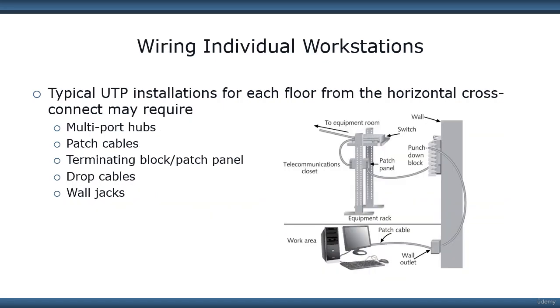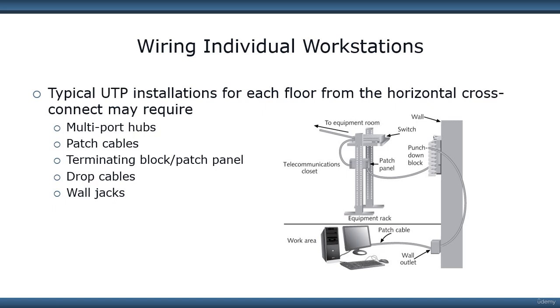Typical UTP installations for each floor from the horizontal cross connect are going to require a couple of different things. Multi-port hubs, or more than likely now switches, patch cables, the terminating block or patch panel, drop cables, and wall jacks. All right, so let's differentiate between all these. There's only one that may not make a ton of sense. The patch cable is the one from the wall jack out to the individual workstation.